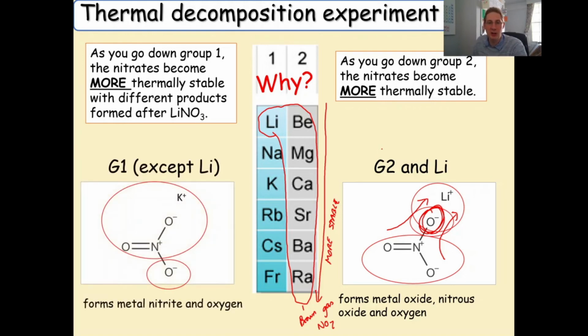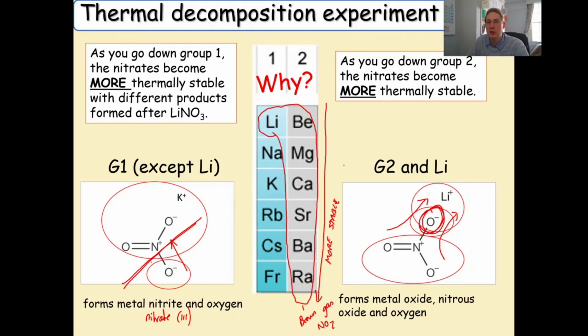For the others, though, it's not small enough to pull all the electron density onto a single atom, so instead it pulls the electron density away from the far edge, and you end up with a metal nitrite and oxygen, which is also called a nitrate(III).